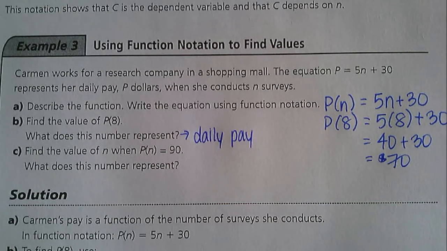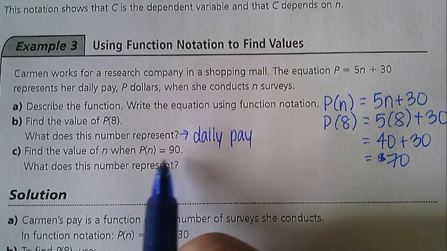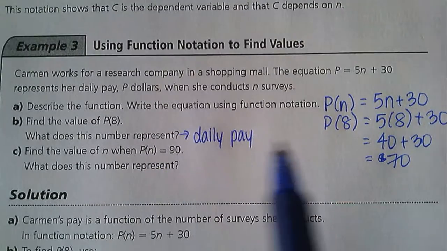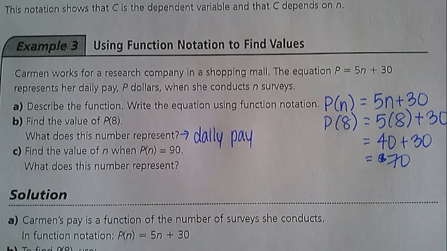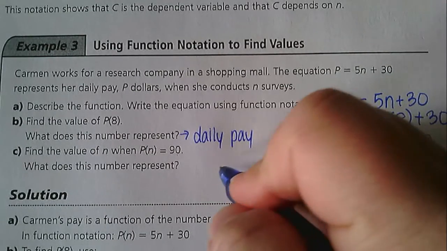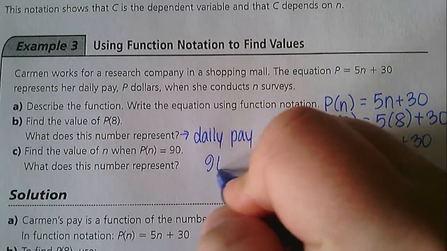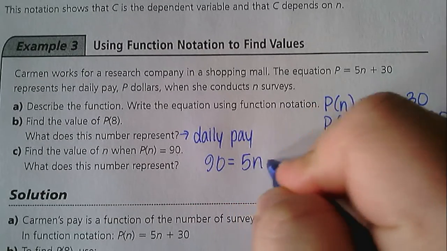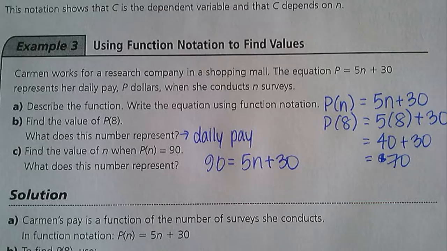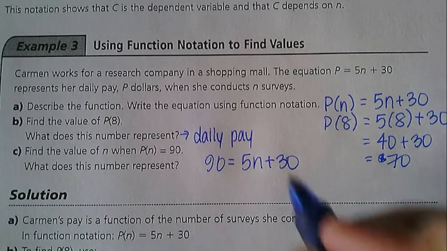Now the next one, they said, find the value of n where your P of n is equal to 90. So that means where we had P of n previously, we're going to put the number 90 in. So let's try that here. 90 equals 5n plus 30. So just like we did before, we're going to rearrange to solve now for n.